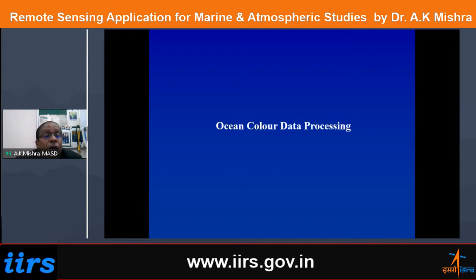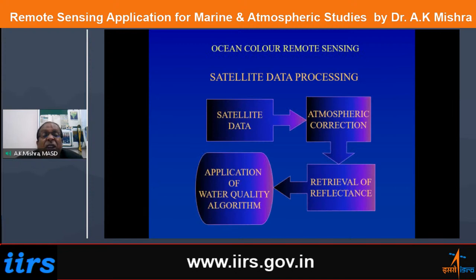Then we will discuss how the ocean color data is being processed. First of all, we take the satellite data and perform atmospheric correction, because the ocean contributes only 10% of the total radiance received at the satellite sensor, and the rest 90% is contributed by the atmosphere. The atmosphere has air molecules as well as suspended particles, known as aerosol optical depth.